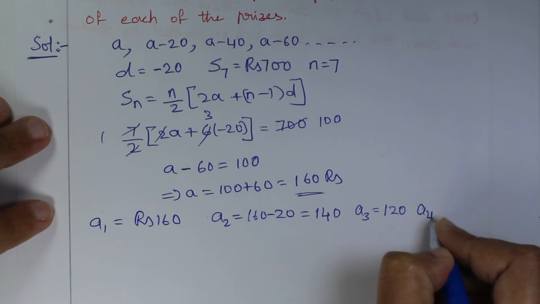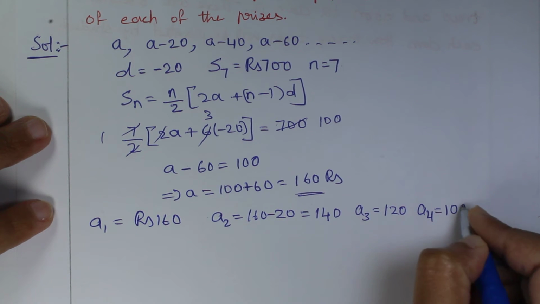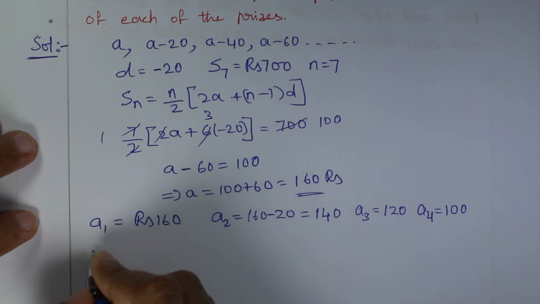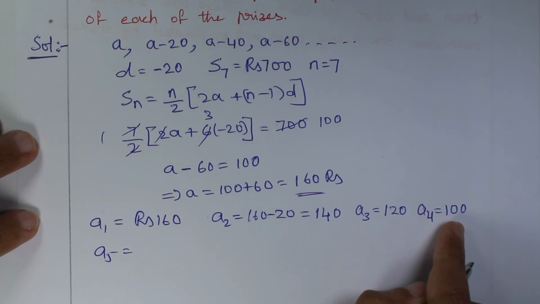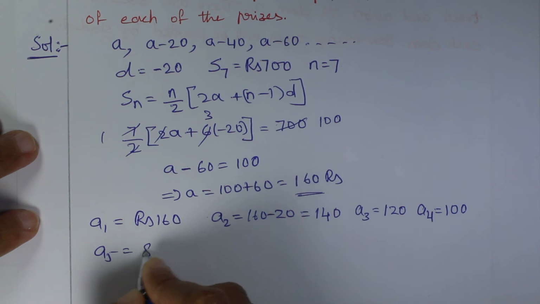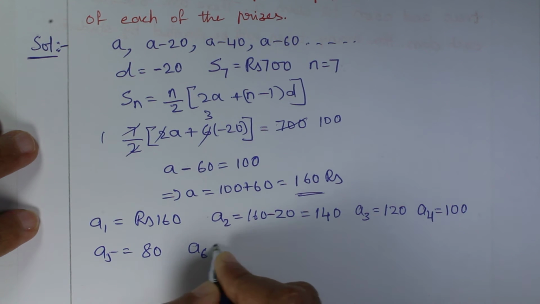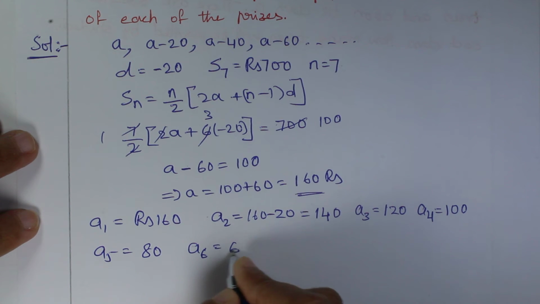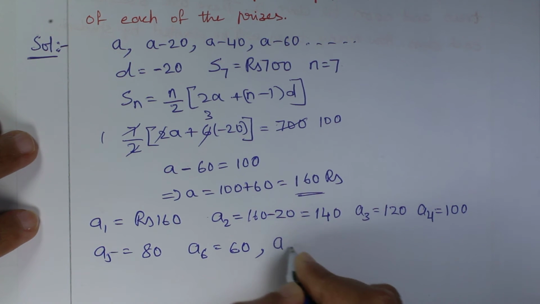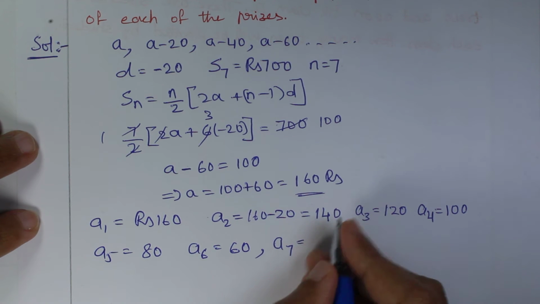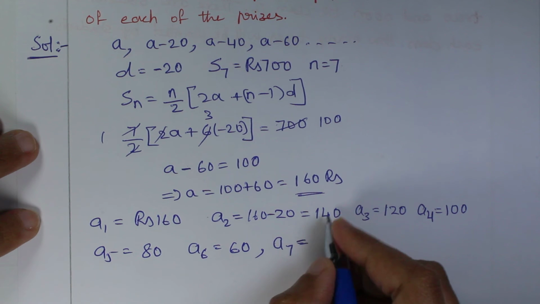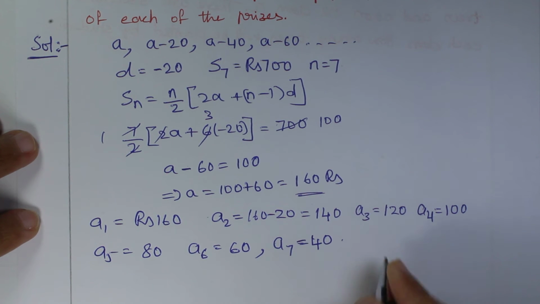A4 becomes 120 minus 20, that is equal to 100. A5 becomes 100 minus 20, that is equal to 80. A6 becomes 80 minus 20, that is equal to 60. And the last prize A7 becomes 60 minus 20, that is equal to 40.